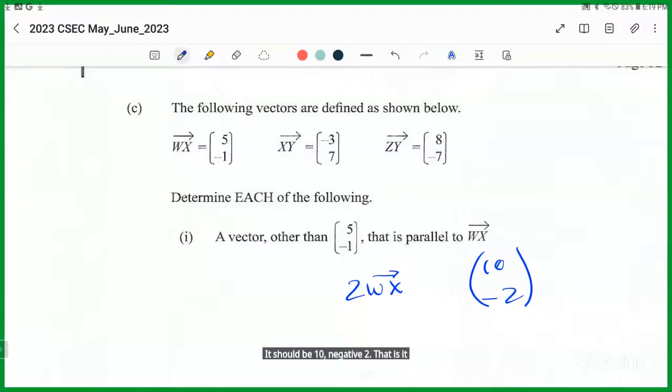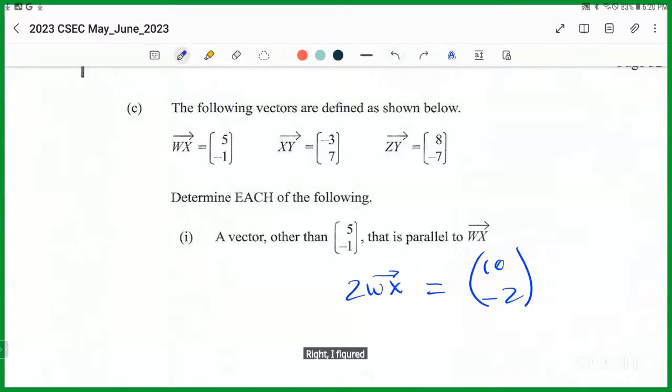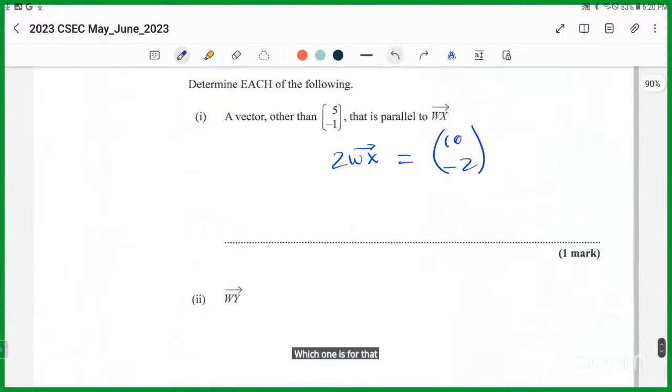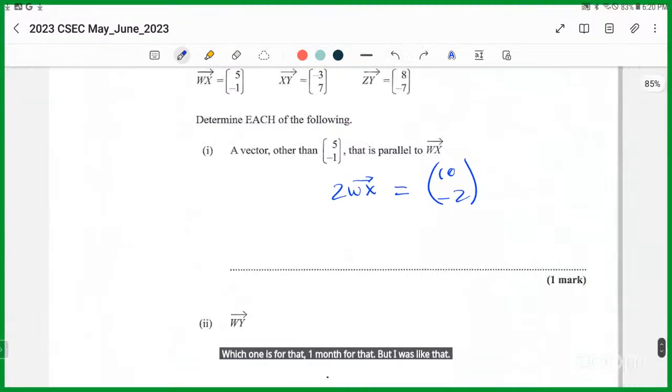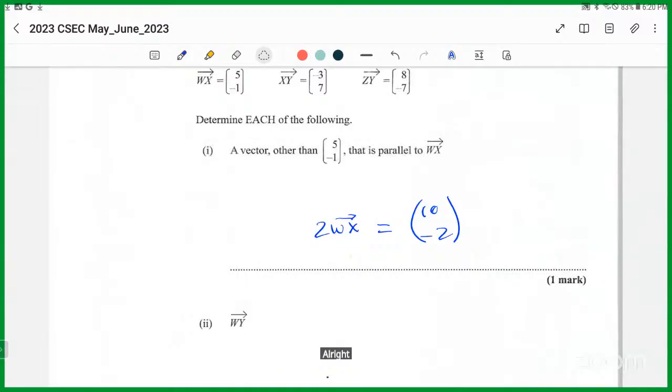You could also use 3 times, or even half of it, but I think most people will just write 2 times it. That is it, done. 1 mark for that. But understand that a vector that is parallel to WX is a multiple of WX. Simple as that.